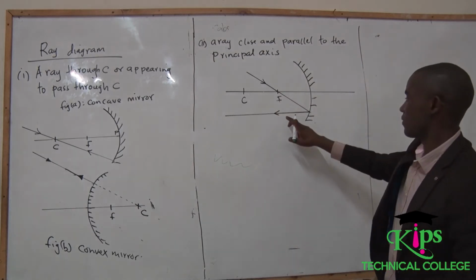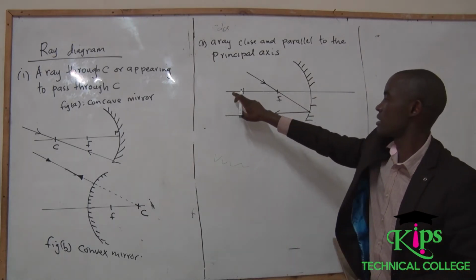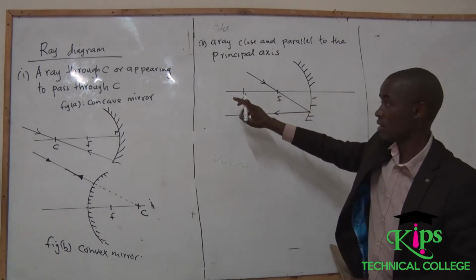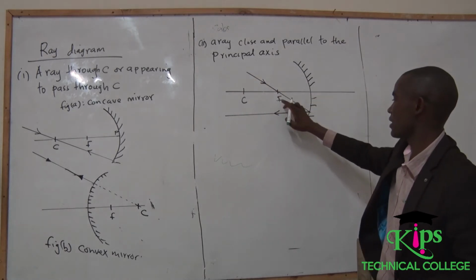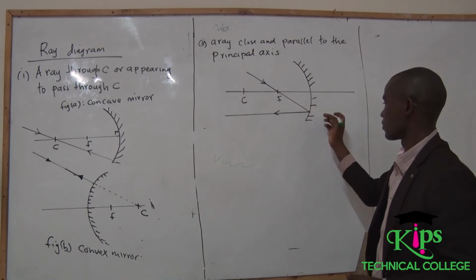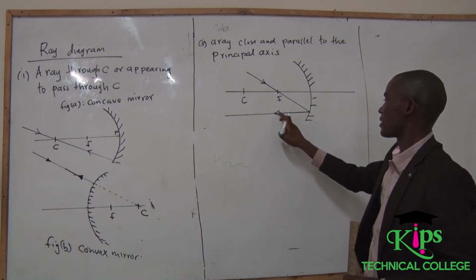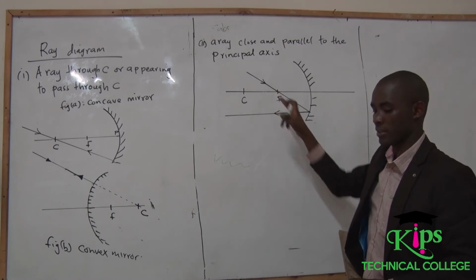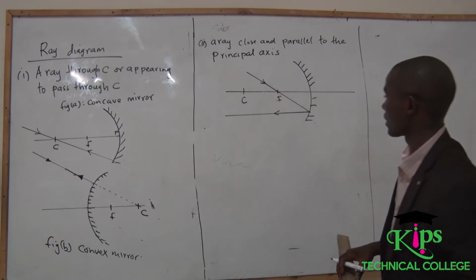So the reflected ray will be parallel to this axis. When the ray comes through the focal point and reaches the mirror, it will be reflected back, but remember, this one is parallel to this line. That is for a concave mirror.